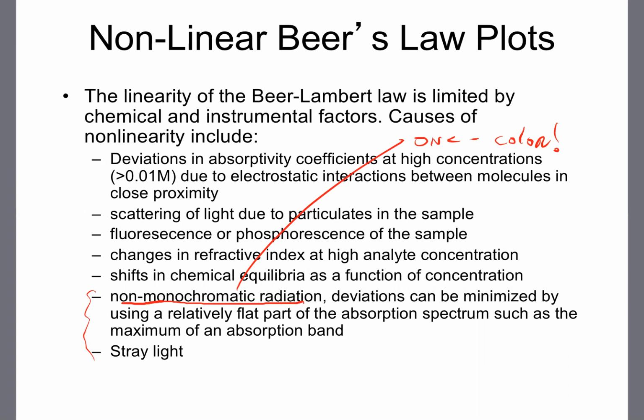And the reason why is because molecules do not tend to absorb light at all wavelengths equally. So what ends up happening if you use very broadband radiation, say white light, which is really all different colors of the rainbow, is that the wavelengths which are absorbed well by the molecule will basically quickly be attenuated or lost.